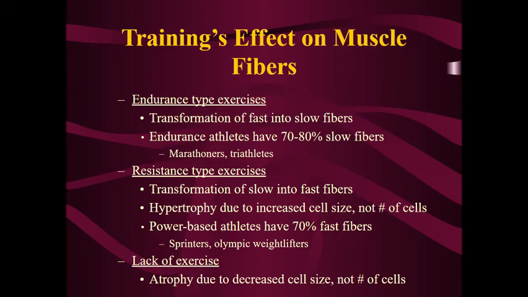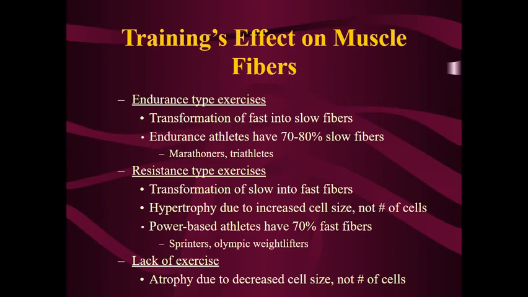Resistance exercises will transform slow into fast fibers. This results in hypertrophy because of increased cell size, not increased number of cells. And power-based athletes can have about 70% fast fibers. This is your sprinters or your Olympic weightlifters. Now, lack of exercise can do the opposite.